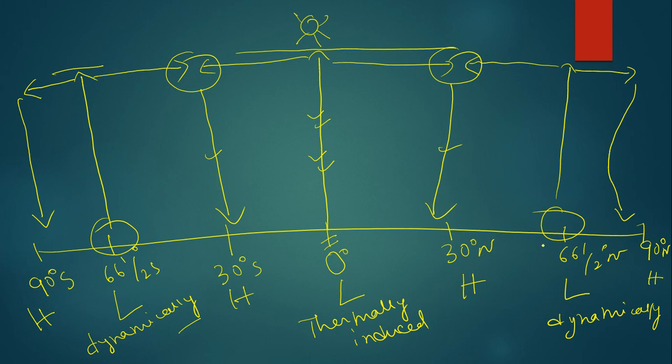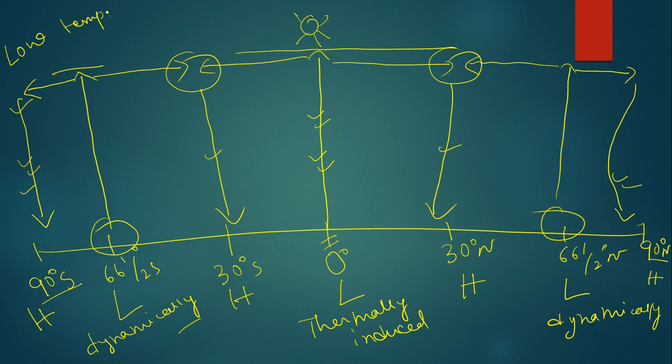Here, over the 90-degree north and 90-degree south, the high pressure is generating because of two reasons. One reason is the downward movement of the air. Due to that reason, there is the formation of the high pressure over this place, and over this place. And another reason is the very low temperature.